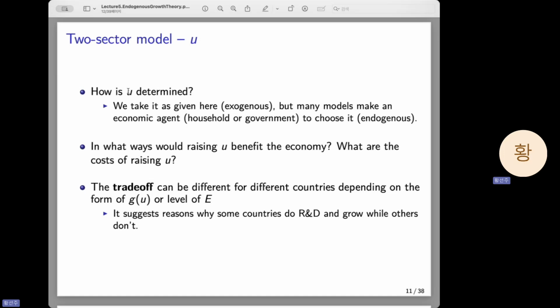Let's think about the trade-off. If we send more workers to the research sector, the economy invents more ideas and future income will grow faster.